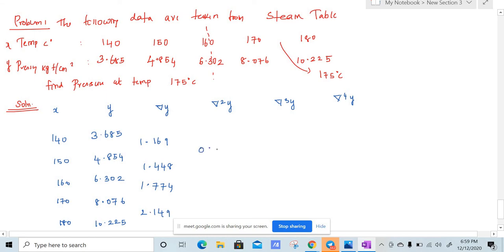Then subtract 1.448 minus 1.169, and this is 0.279, this is 0.326, and this is 0.375. Again subtract these two values, you will have 0.047, and it will be 0.049, and this will be 0.002.